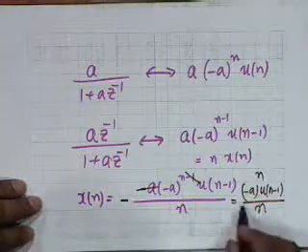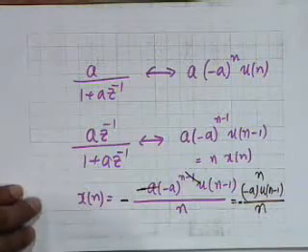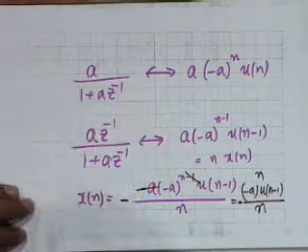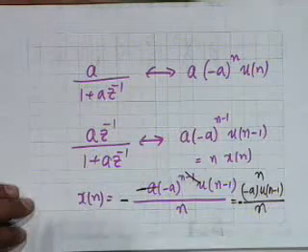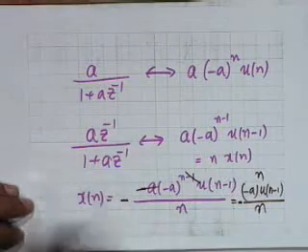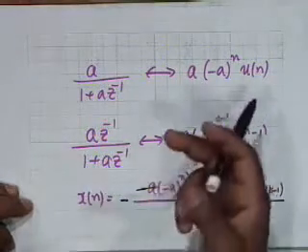A minus sign remains? Yes. Okay, minus a to the power n. Does it agree with the earlier derived result? We did log of 1 plus a z inverse earlier by infinite series expansion and inverting term by term.